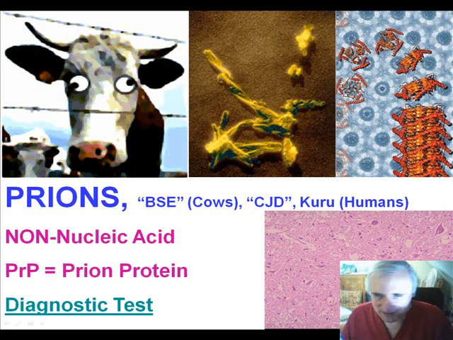It's a substance that causes a variety of central nervous system diseases, infectious diseases, in both non-humans as well as humans. In non-humans, we hear of BSE, or bovine spongiform encephalopathy, in cows and cattle, and there are also diseases in sheep and other animals.